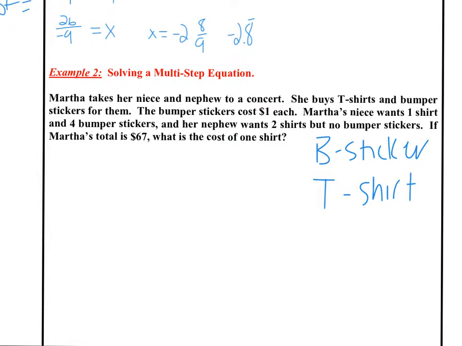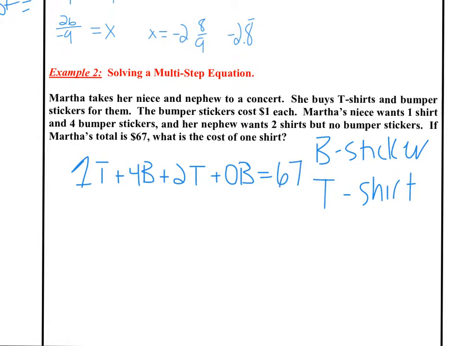So everything that Martha's buying is 1 shirt for her niece plus 4 bumper stickers and 2 t-shirts for her nephew and 0 bumper stickers. Did I have to write that one in? No, but I did anyways. Her total, so total numbers go after the equal sign, is $67.